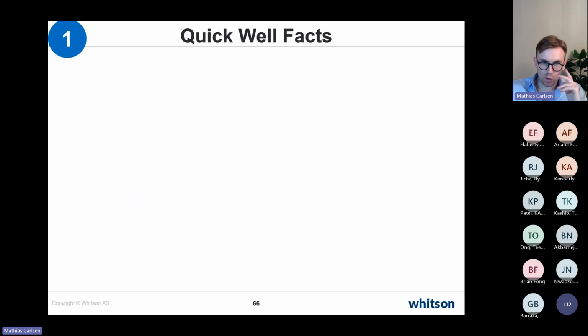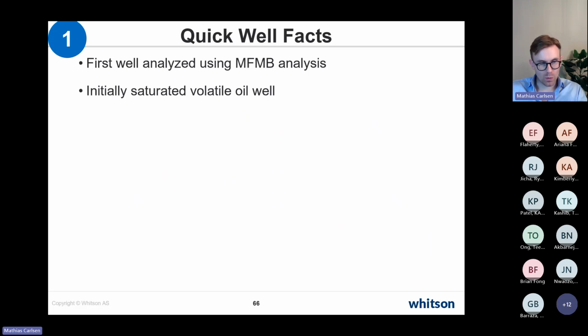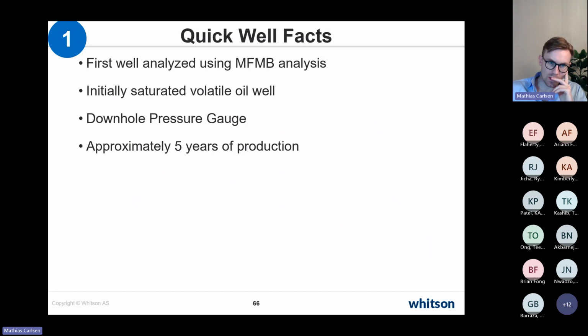We used the Multiphase FMB to analyze the well. It is an initially saturated oil well. That means that we don't have this period where we have two, call it, low compressibility fluids that we can use early. But it has a downhole gauge. That's great, so we have accurate information. And it has approximately 5 years of production.